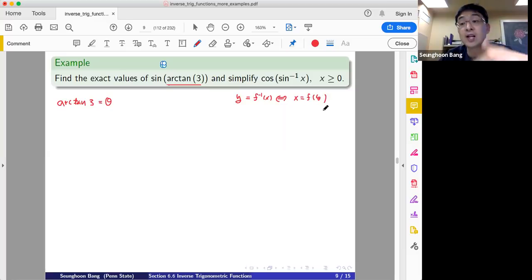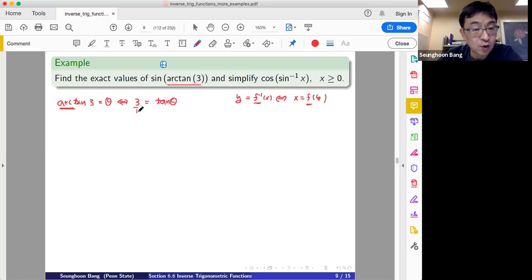This is the relation between the function f and the inverse function. So same, you can use this one. Arctangent of 3 equals theta. You can change it to the inverse, the tangent function. So we have 3 equals tangent of theta.